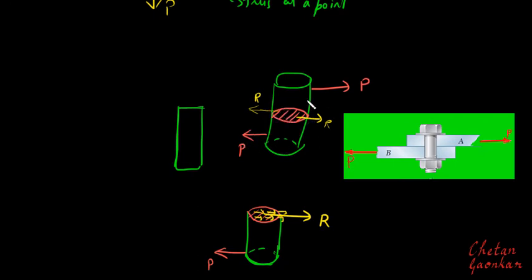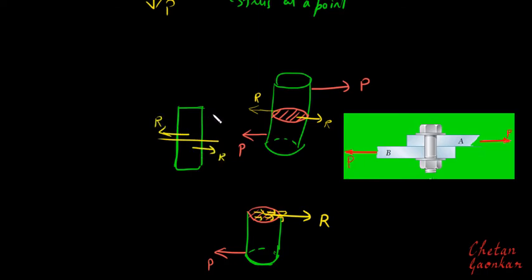In order to resist these applied forces, the resisting forces are not getting developed perpendicular to the cross section, it won't be in this direction, but the resisting forces will be in this direction and in this direction, right?